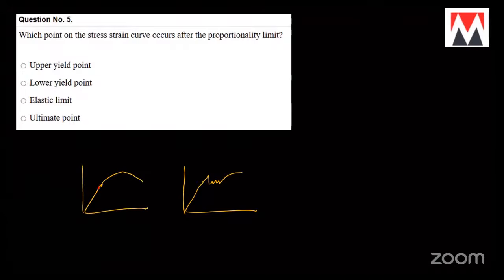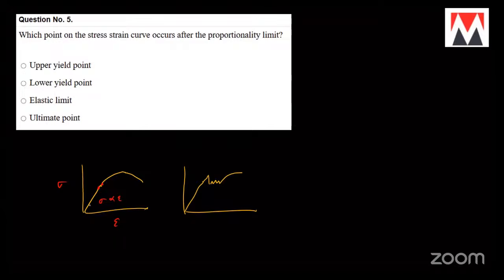Till here, sigma is directly proportional to strain. So this is called proportionality limit. After this, whatever point you get is called elastic limit.